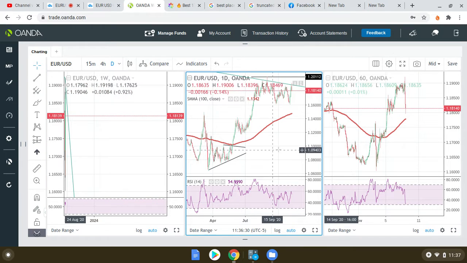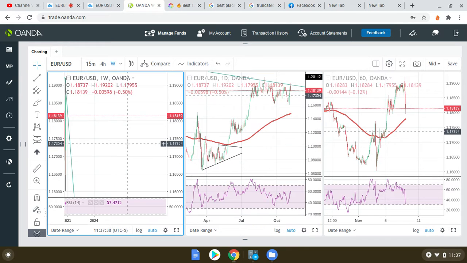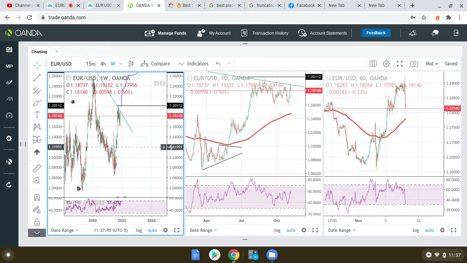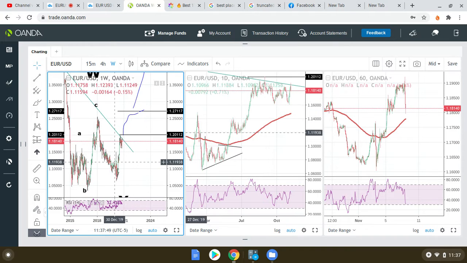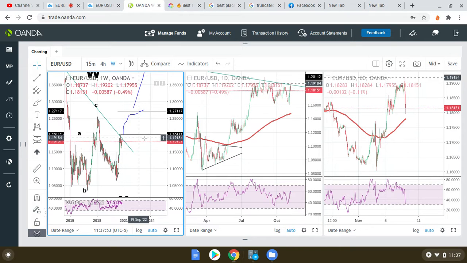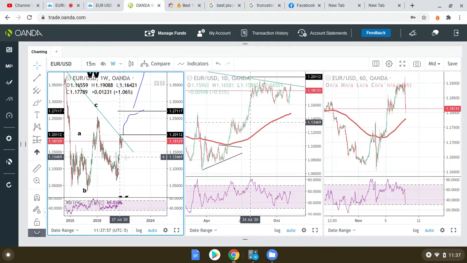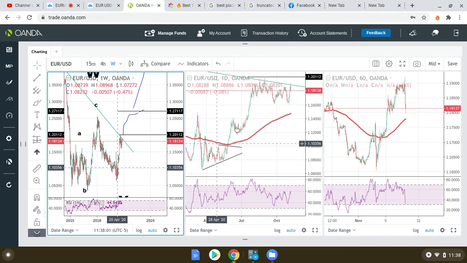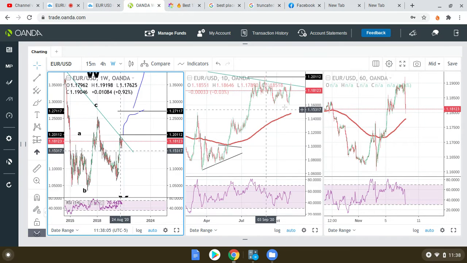Then we will go down to a shorter time frame to see. Okay, so we're right here. We're expecting this to be a Y wave, which typically is impulsive in nature. So what does this look like?